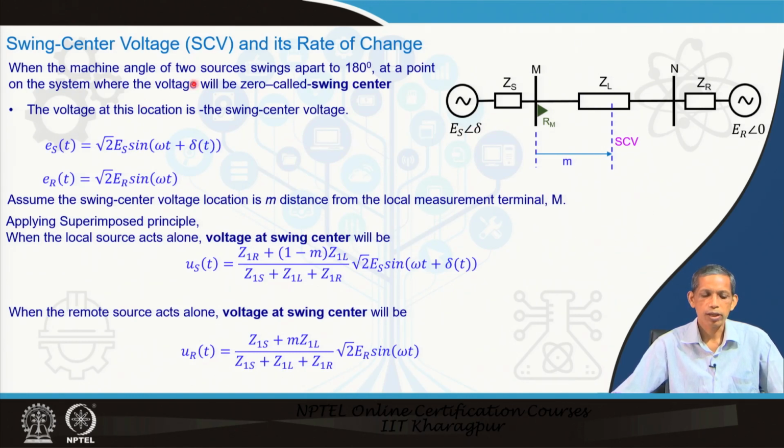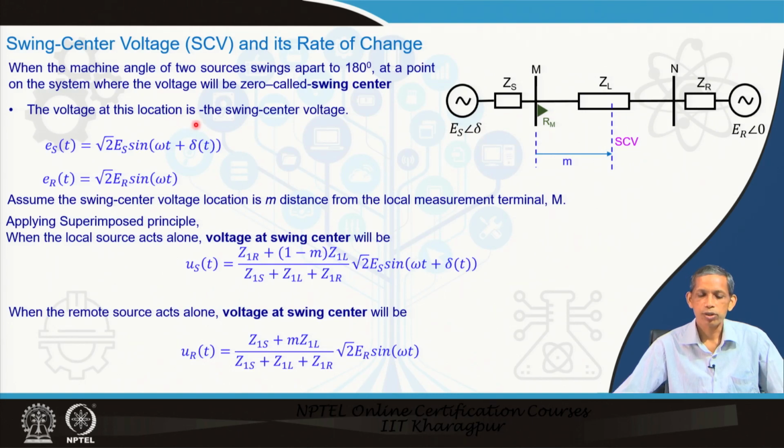When the machine angles of the two side sources are 180 degrees apart, at a point in the system the voltage becomes 0, and that is called the swing center. That point where the angle becomes 180 degrees and the voltage vanishes becomes the swing center. We talked about the electrical center in the earlier discussion.